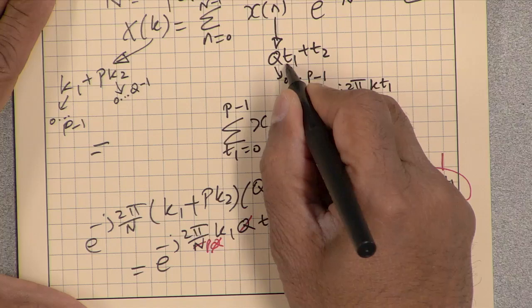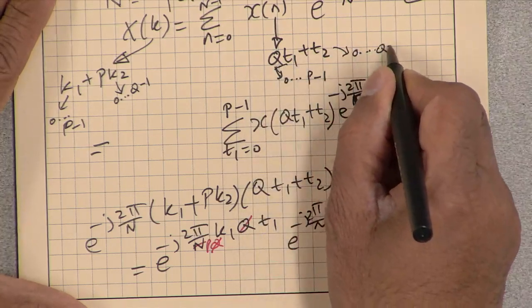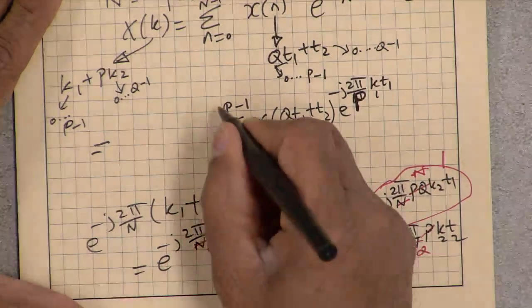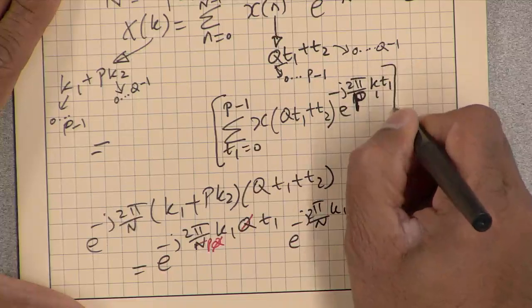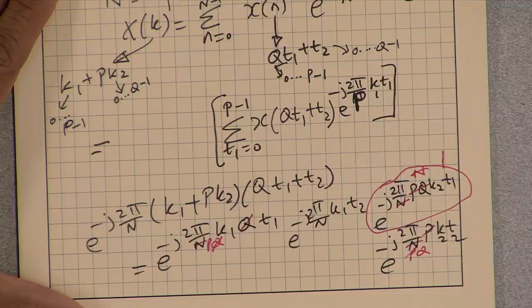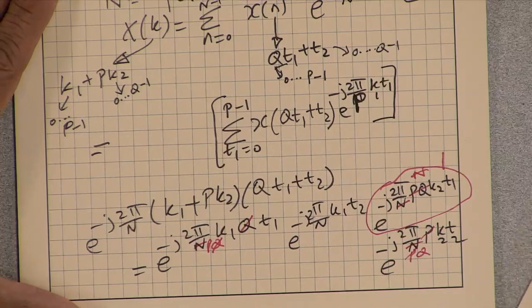So T1 goes 0 to P minus 1, T2 goes 0 to Q minus 1. So these things are going to be P point DFTs, and how many? One for each T2, because eventually I will get to the outer sum.